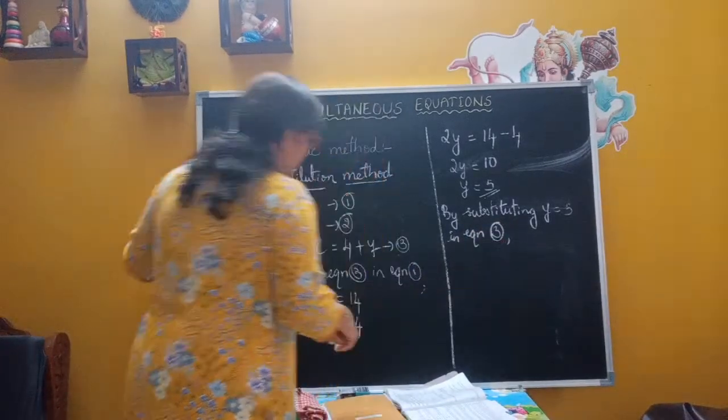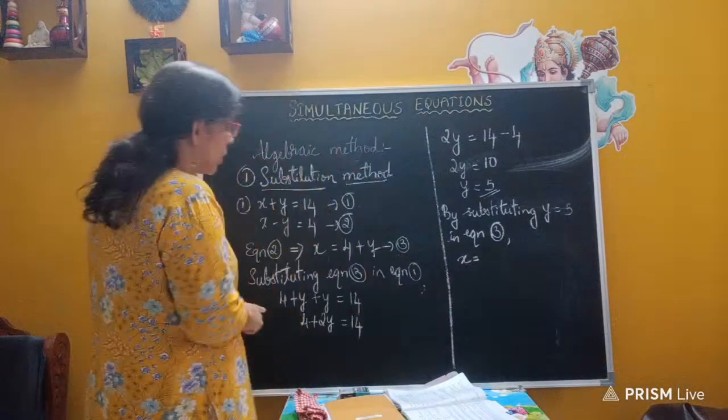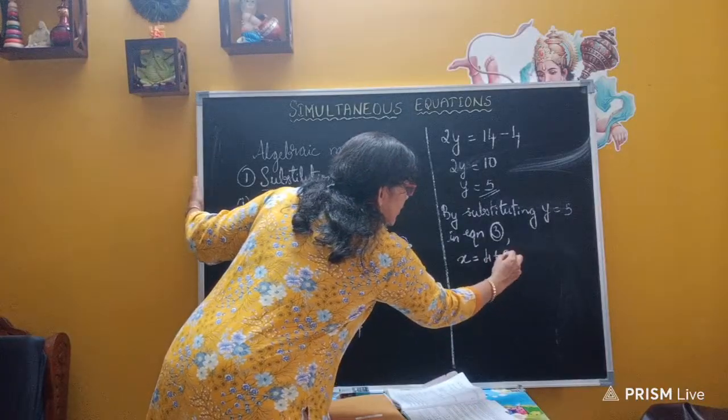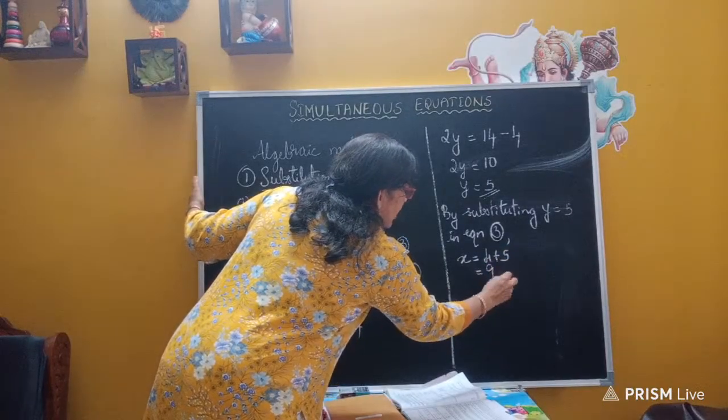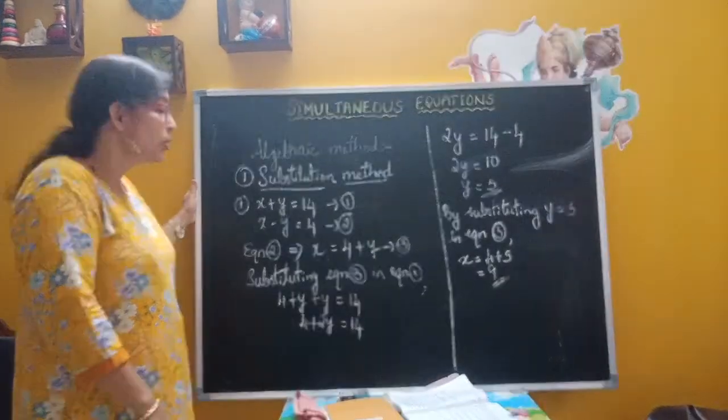We get x is equal to 4 plus y, it is 4 plus 5 is equal to 9. So the x value is equal to 9.